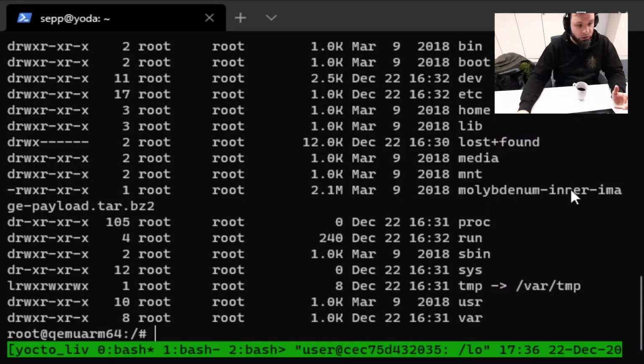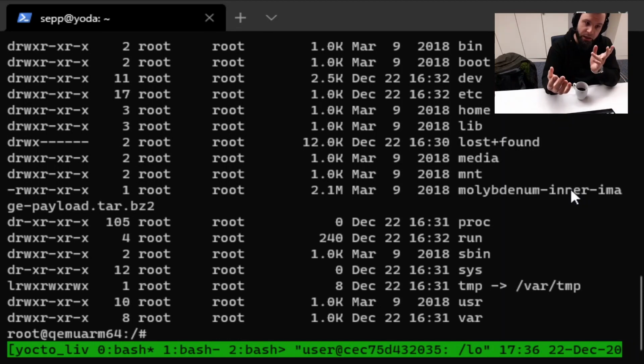So what could one do with a multi-config? You sometimes have asymmetric multiprocessing CPUs, where you have a Cortex A something to run Linux and a Cortex M something for some real-time or whatever thing. And this is where a multi-config usually makes sense.